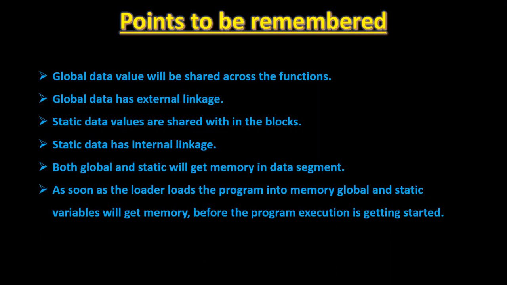Both global and static will get memory in the data segment. One more point: static data has internal linkage, and global data has external linkage. You can access global data across the modules, but static data cannot be accessed across the modules, across the files, or across the functions if it is declared inside the block.